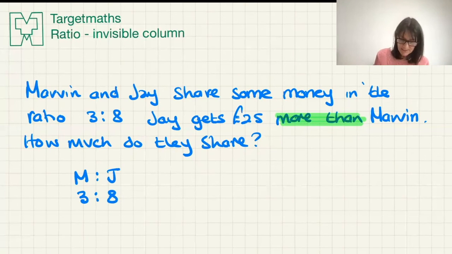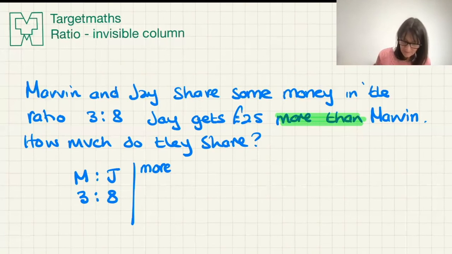So if you put the 25 here, I totally understand why, because it sounds very much like the 25 would go into Jay's column because they're so closely linked here. But this more than means that he doesn't get 25, he gets 25 more. So it's an invisible column question. But this time I'm going to label it more. And I'm going to look at that ratio and work out how much more he gets when it's just a 3 to 8 ratio.